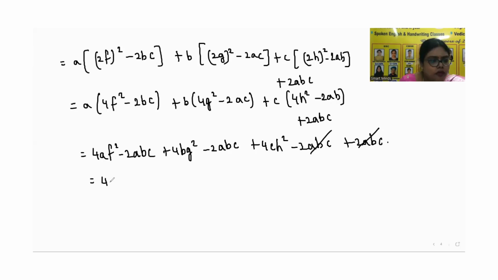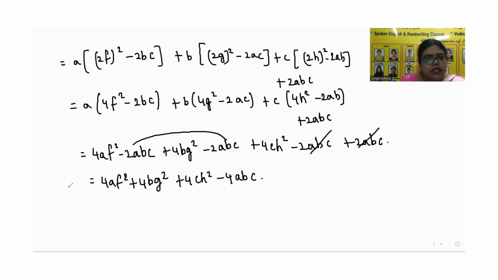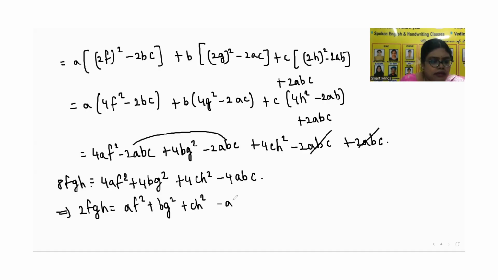So you get 4AF² plus 4BG² plus 4CH² minus 2ABC will become minus 4ABC. This is 8FGH. So if I take 4 throughout common, we get 2FGH is equal to AF² plus BG² plus CH² minus ABC.